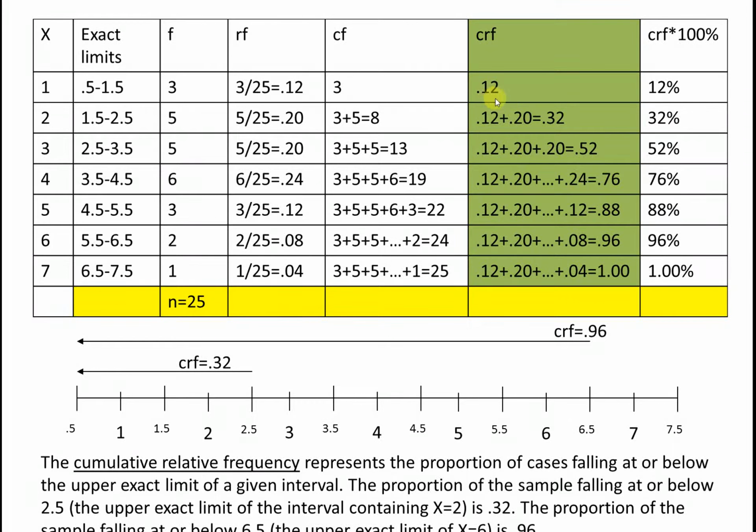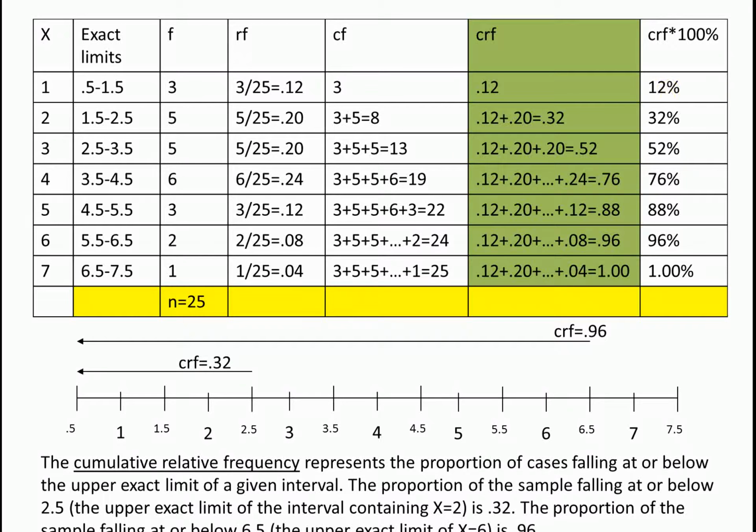So each of these values would represent the proportion of the distribution that falls at or below the upper exact limits. So we start with the relative frequency in the first interval, which is 0.12, and just move it over here, and that's where we get the 0.12. So basically, the proportion of the distribution that falls at or below 1.5 is 0.12.